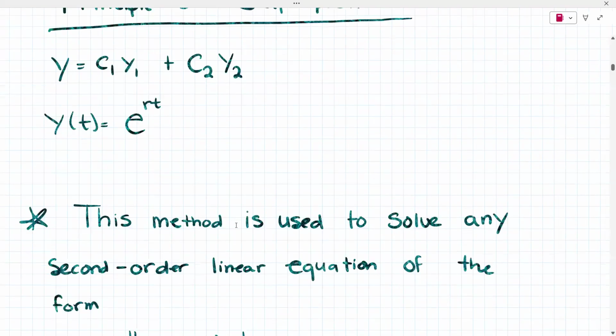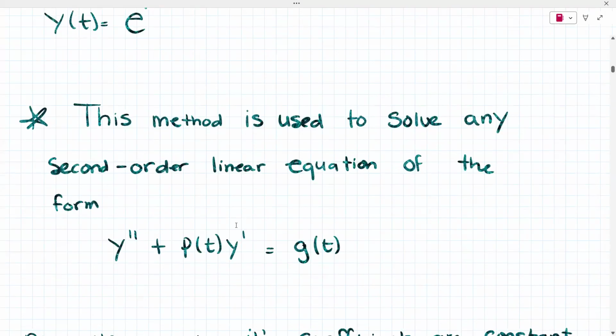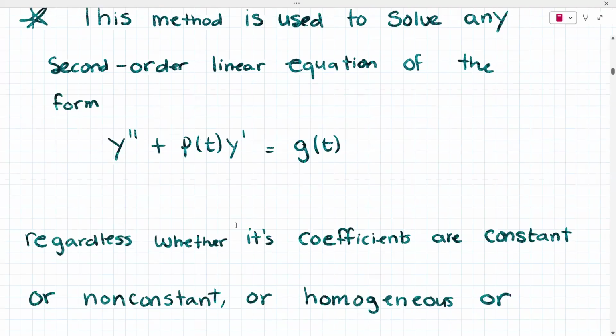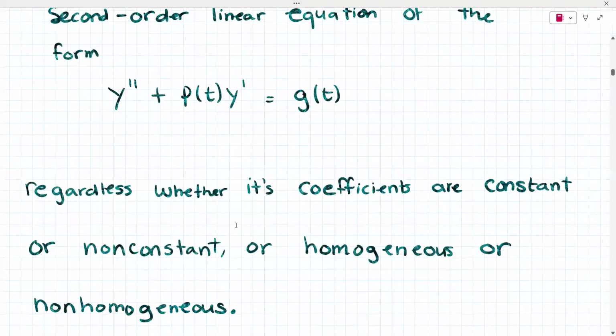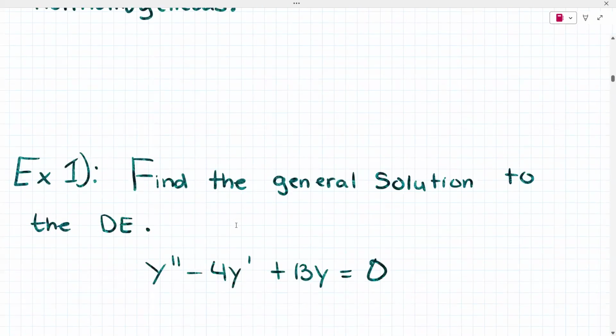This method is used to solve any second order linear equation of the form y double prime plus p of t y prime equals g of t, regardless of whether its coefficients are constant or non-constant, or homogeneous or non-homogeneous. Okay, so let's look at an example. Maybe this will all make sense.